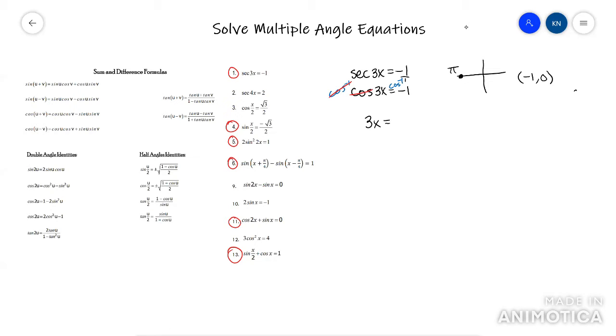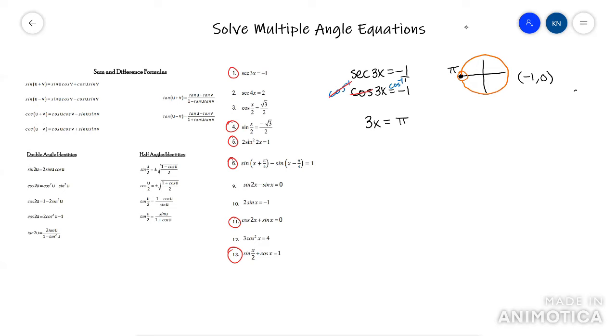So 3x equals pi, but then you have to realize, yeah, it's pi, cool, but what if you did one extra loop? What if you added a full loop, which is 2 pi? That would be 3 pi. That would be an acceptable answer. What if it was 5 pi? That would be an acceptable answer.